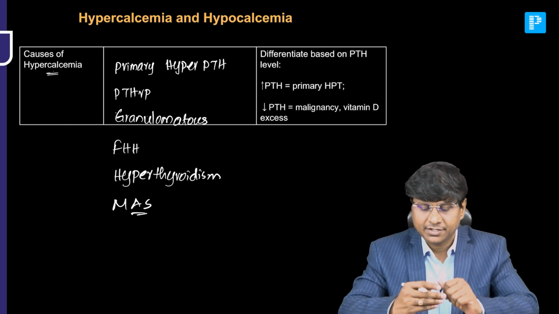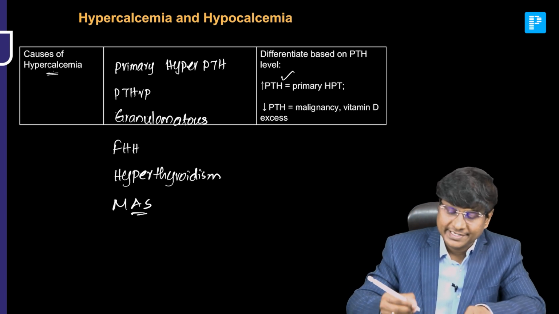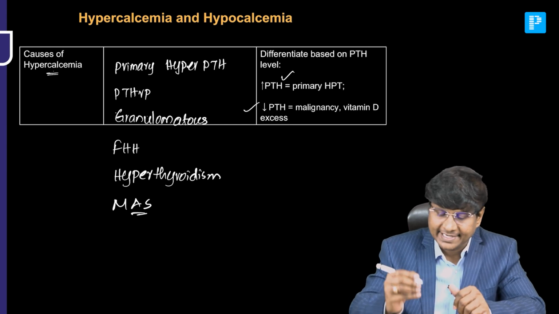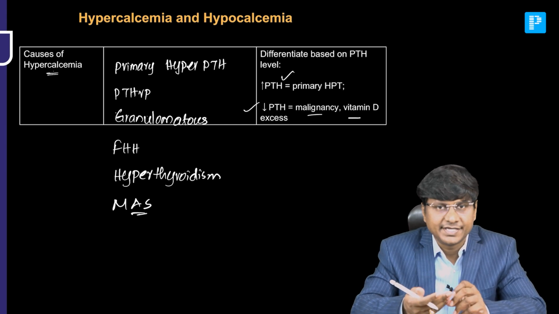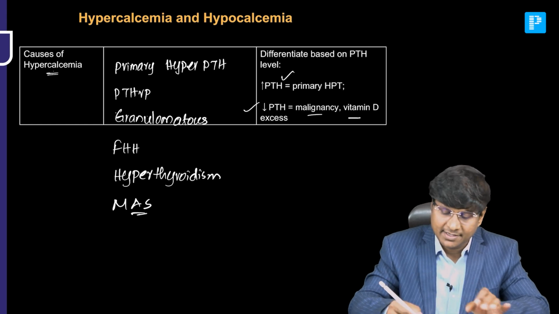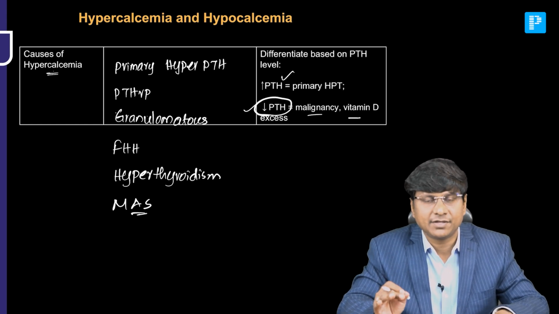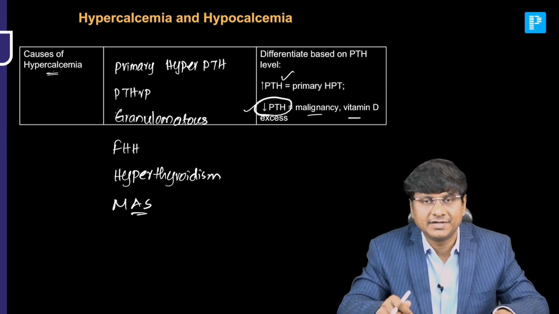Now, how do you differentiate one from the other? That is purely based on the parathyroid hormone. In case of primary hyperparathyroidism, there is an increase in parathormone level, whereas in certain malignancies and vitamin D excess, where the calcium levels are high, the parathormone levels will be reduced, because the trigger for parathormone release is calcium. When there is hypocalcemia, the parathormone level increases.